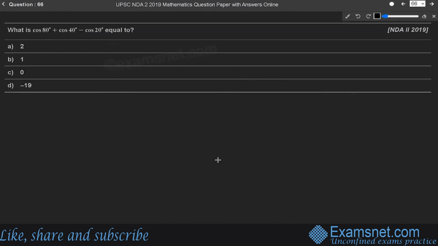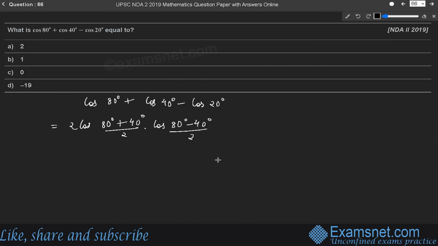Next question is cos 80 degree plus cos 40 degree minus cos 20 degree is equal to. So it can be written as 2 cos (80 degree plus 40 degree) upon 2 into cos (80 degree minus 40 degree) upon 2 minus cos 20 degree.